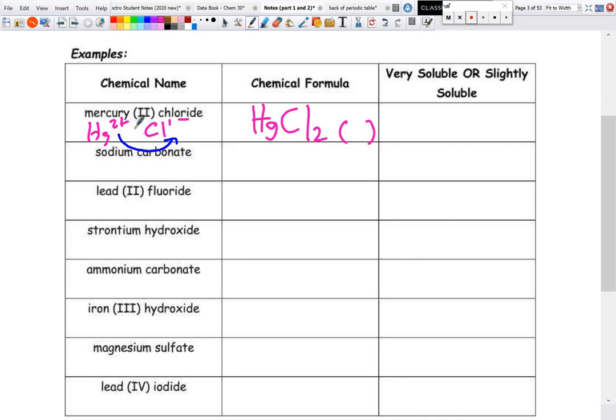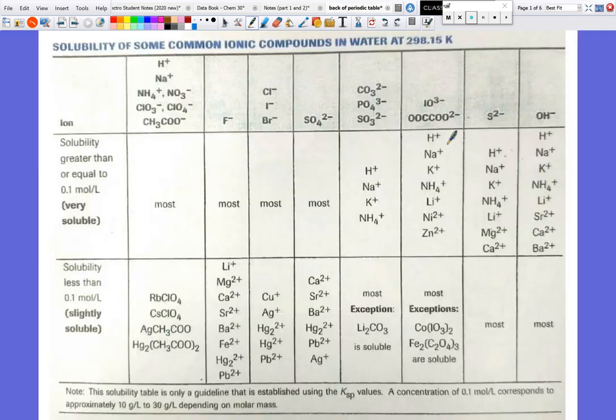Now I'm going to leave this blank. We have to figure out the combination, so by doing the drop and swap, at least down here is where I get to see the anion charge and the mercury ion charge. I go to the back of my periodic table, and first I find my anion, which is the chlorine right here. Now when we go down here, most of the things are very soluble, however there are a few exceptions. We have copper, silver, mercury 2+, and lead 2+.